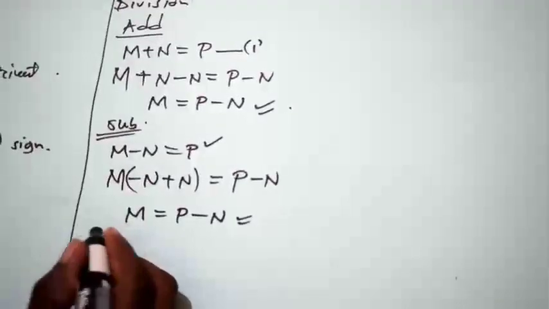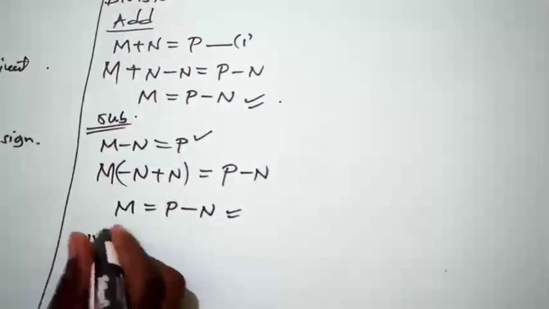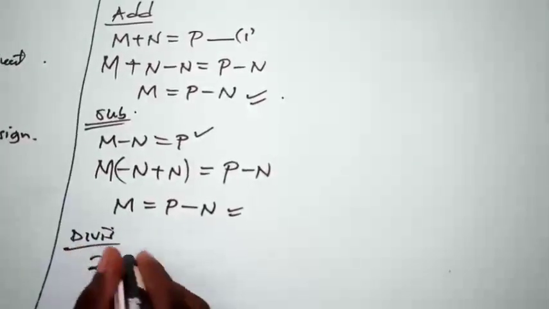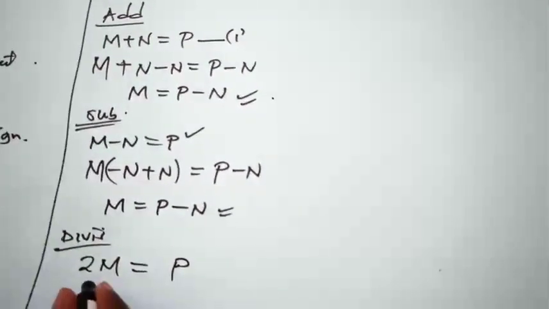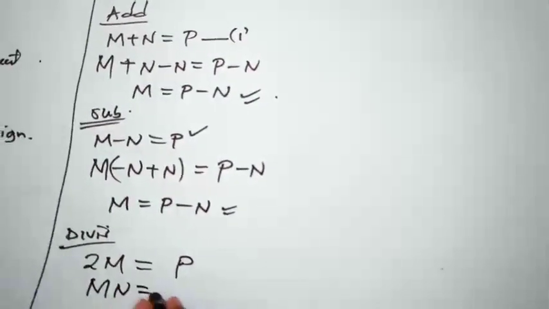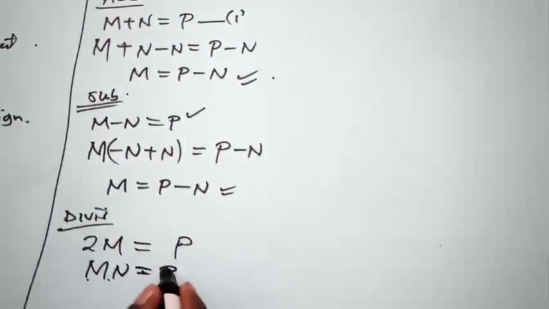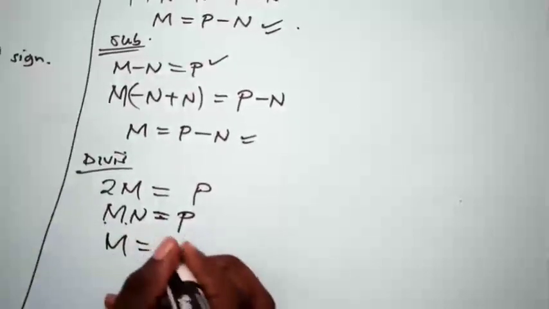And when we talk about the multiplication and division rule, let us apply the division rule first. In this case, we are talking about mn equals p. So we are multiplying them at the beginning, then we are saying they are equal to p. In that case, m can be expressed as p over n.